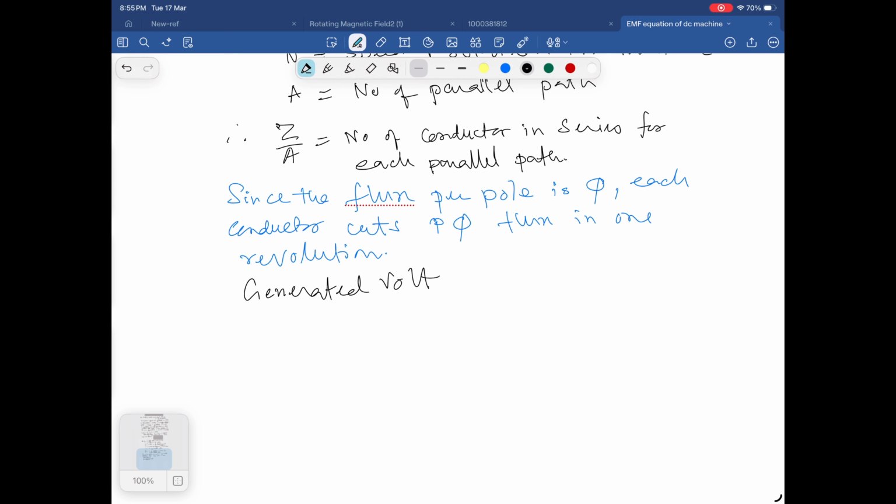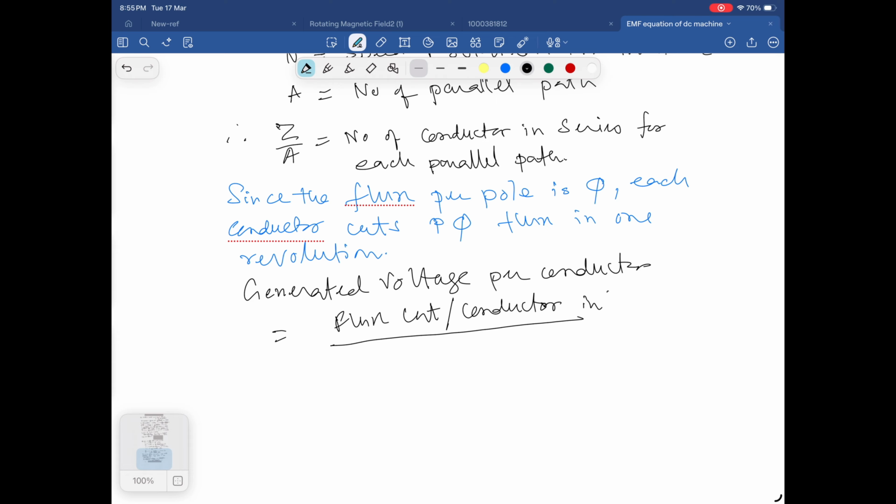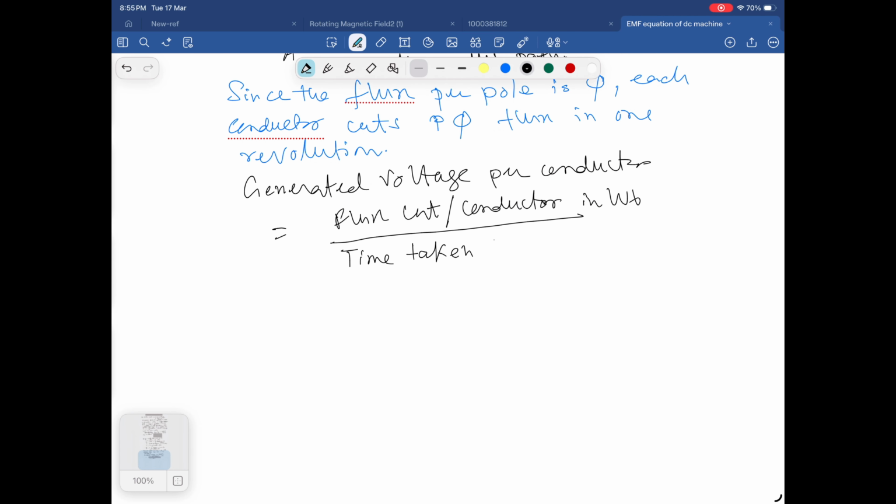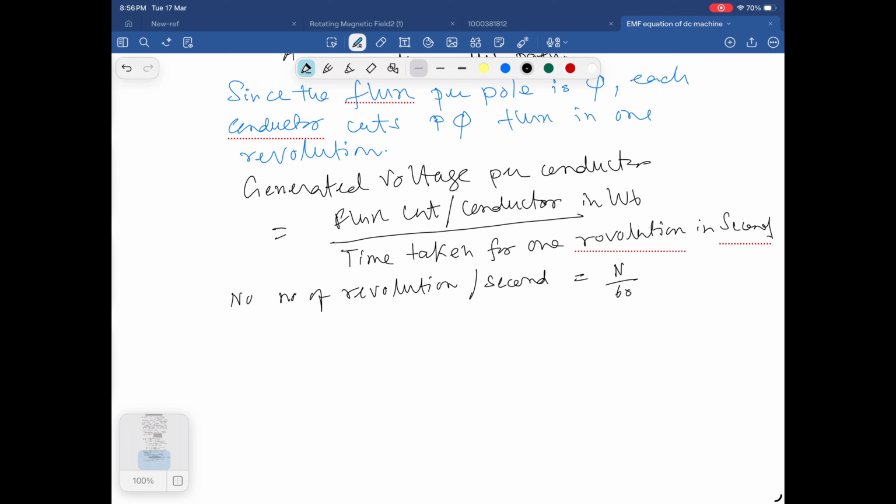So the generated voltage per conductor is equal to the flux cut per conductor in Weber divided by the time taken for one revolution in seconds. Now, the number of revolutions per second: the n was in rpm, that is revolutions per minute.